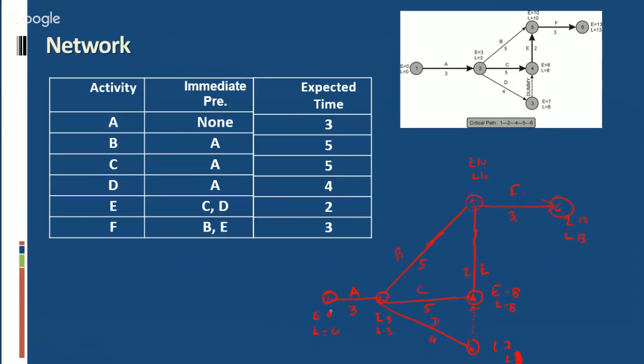It means our critical path is activity A, C, E, and F with a duration of 13 weeks.